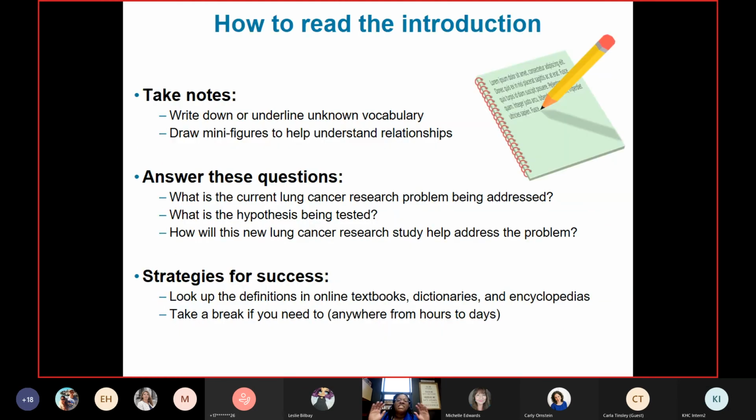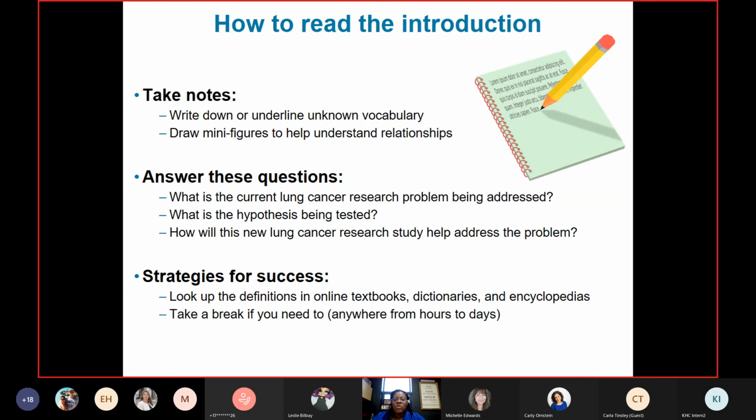So how to read the introduction. So the first thing, I think this is what's different from when you read other types of lung cancer information, is that you actually should be taking notes when you read an introduction, right? And so here you're going to write down unknown words and vocabulary and jargon, or you can underline it. So sometimes people like to use a good old-fashioned notebook, but in this day and age, people have tablets.